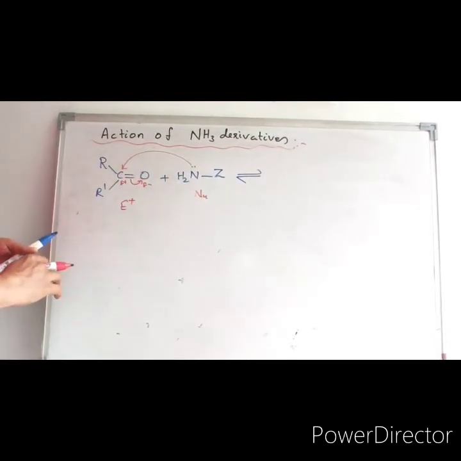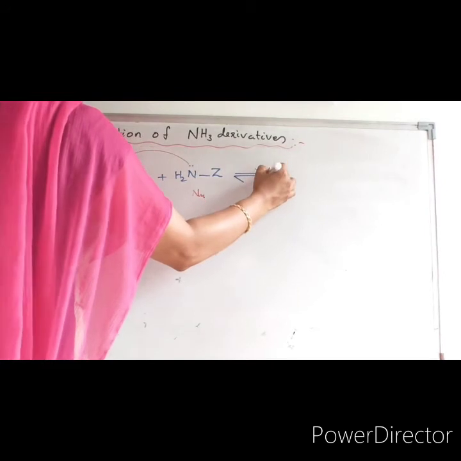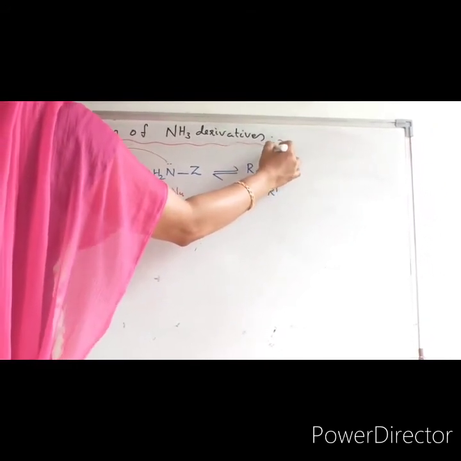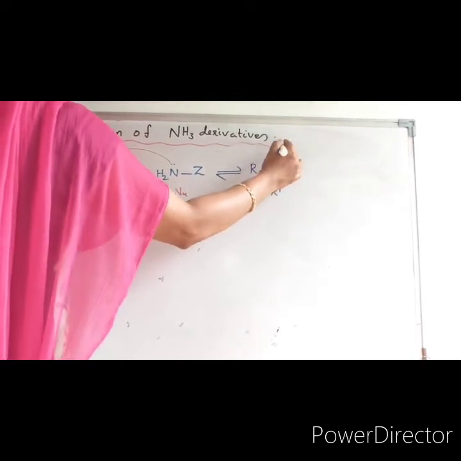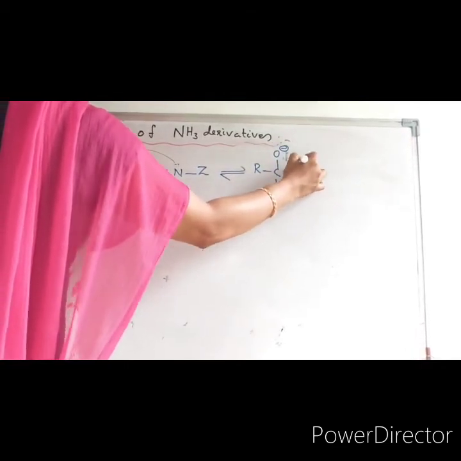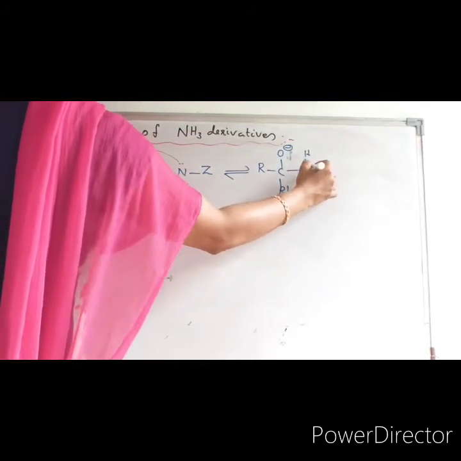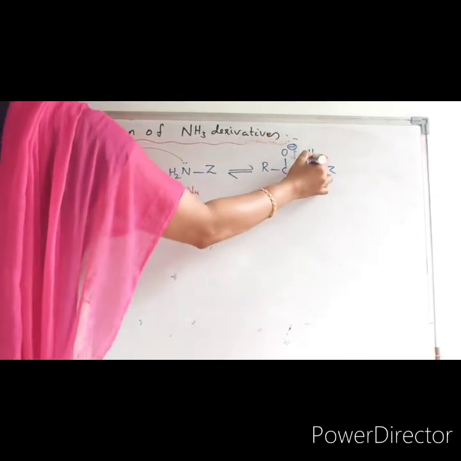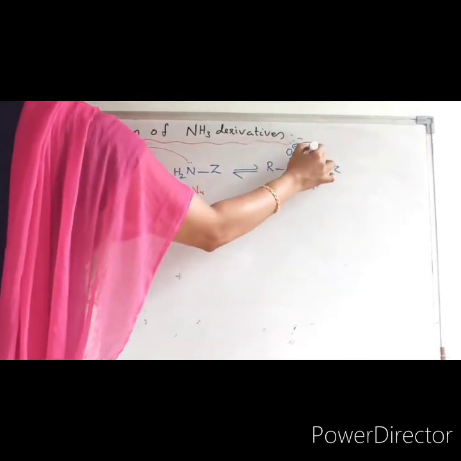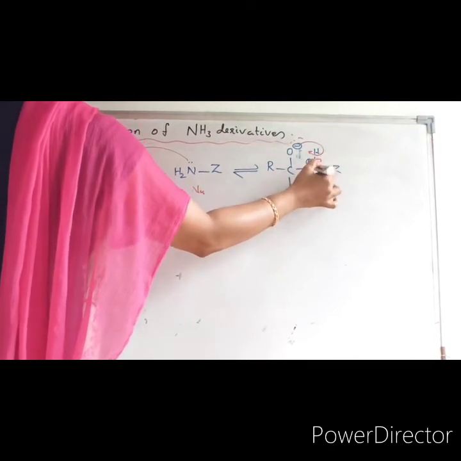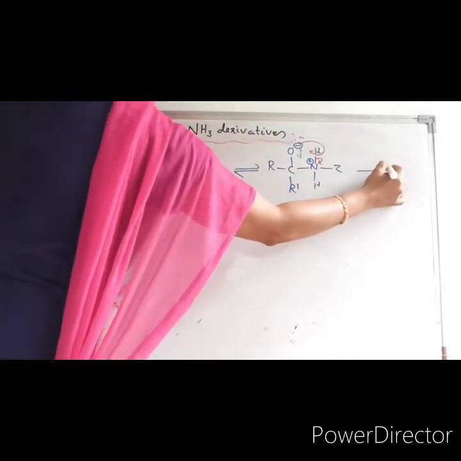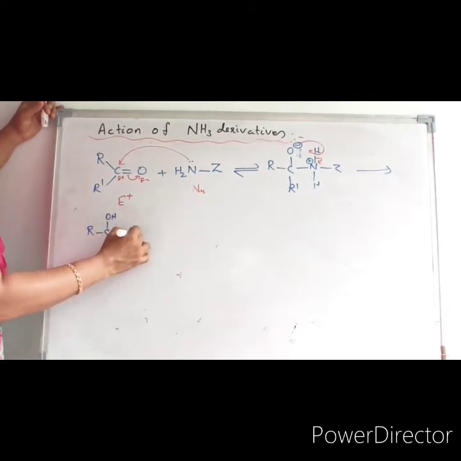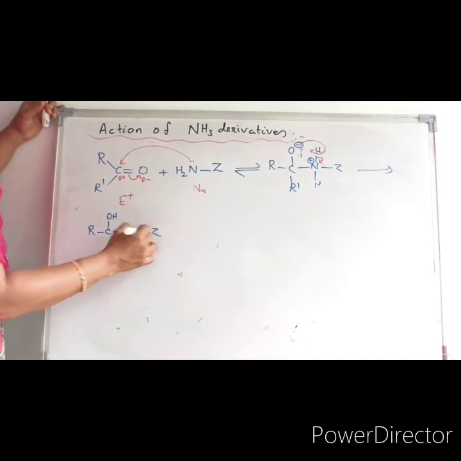You can write it as R C R dash with O minus and NH with a positive charge and Z. This proton will be picked up by the oxygen and the bonded pair will be given to nitrogen, so that you will be getting R C OH, NH Z, R dash.